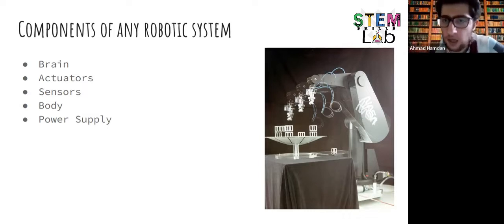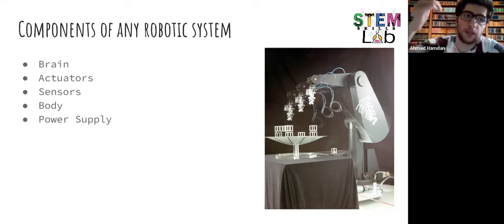Also sensors. We can think of sensors as the window through which the robot perceives the surrounding environment. The only way that the robot can sense the environment around it is through these sensors. And if we have some kind of autonomous system, usually the robot takes feedback from the sensors.